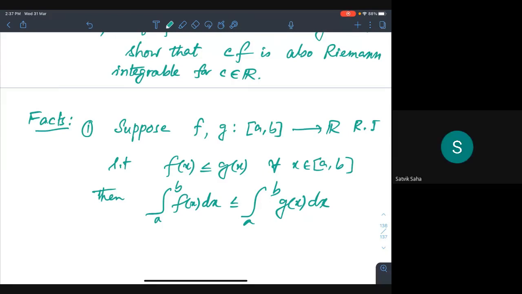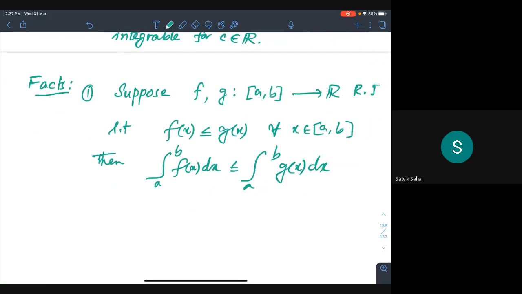Look at g minus f. Then you can show that it will always be nonnegative, because all of the Riemann sums are nonnegative.